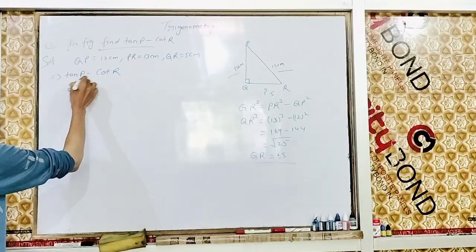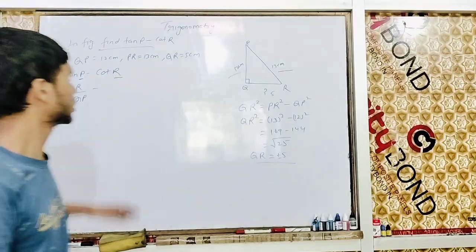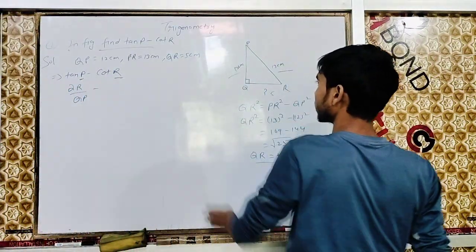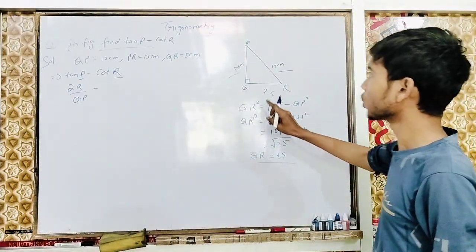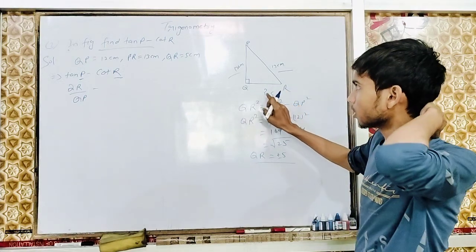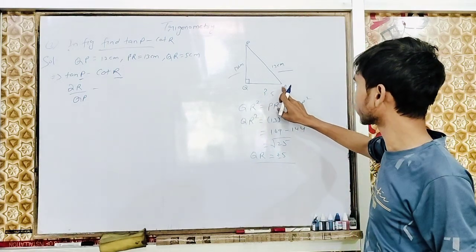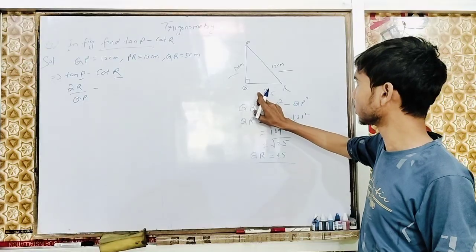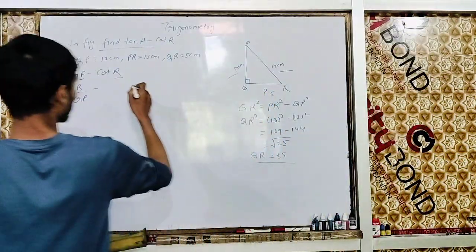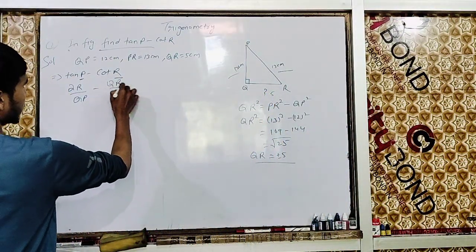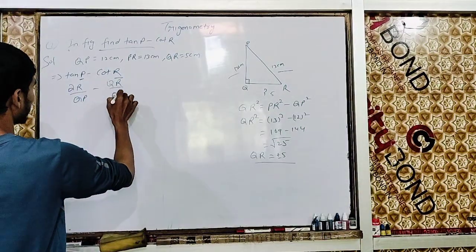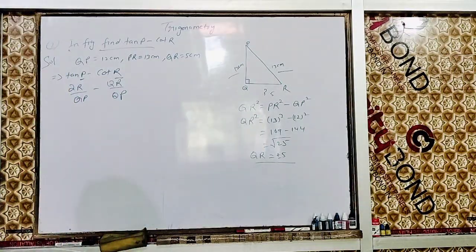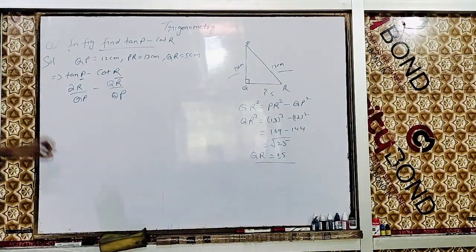So remember, this is P and this is R. According to this data, the ratio of cot would be what? This base and this perpendicular. So first of all we need the base, QR, and then QP. Now this is the correct way.